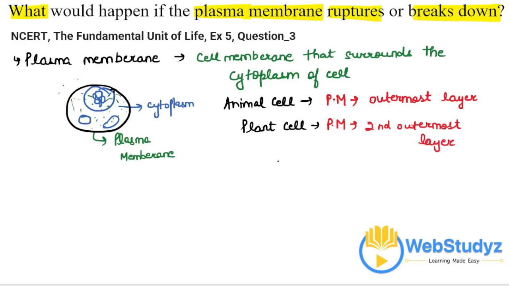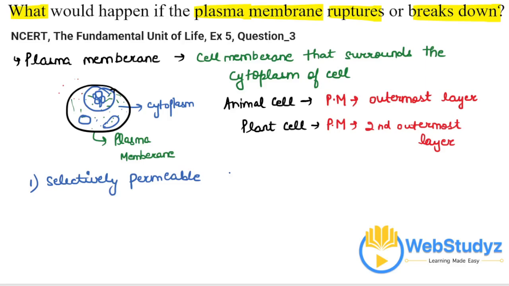Whatever the location of the plasma membrane, irrespective of that, the plasma membrane serves the function that it is a selectively permeable membrane, which means it allows the flow of only certain substances.